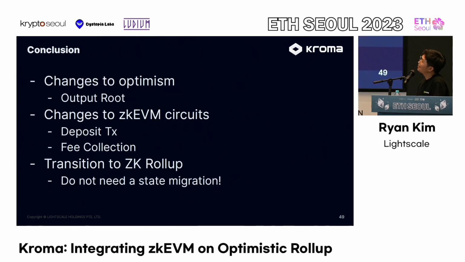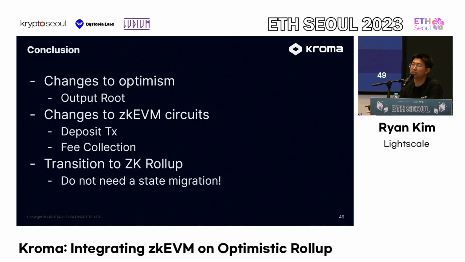Let me wrap up the presentation today. I just talked about what we have changed in Optimism and the zkEVM circuits. To verify the proof on layer 1, we need to access the transaction. To do this, we modified the uploader so that we can retrieve the transaction from it, and we are able to run the verify function.